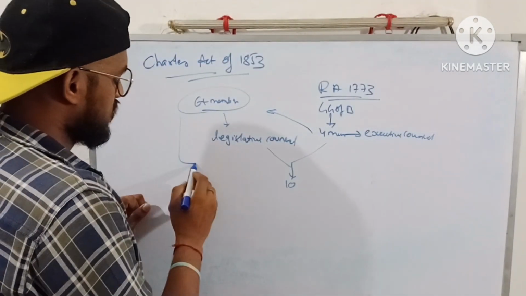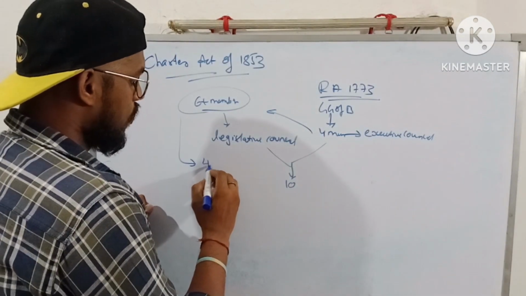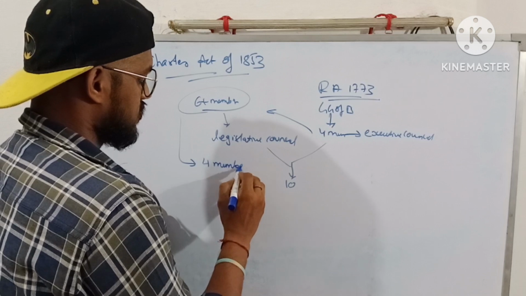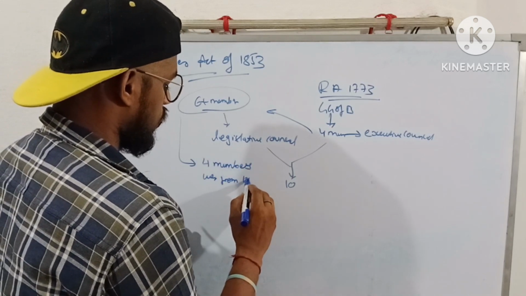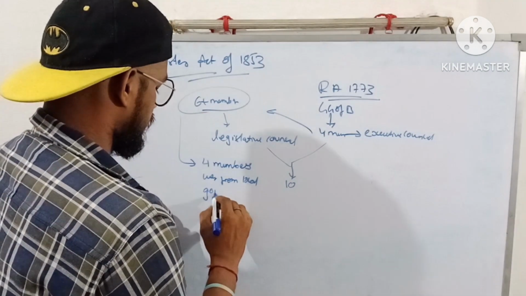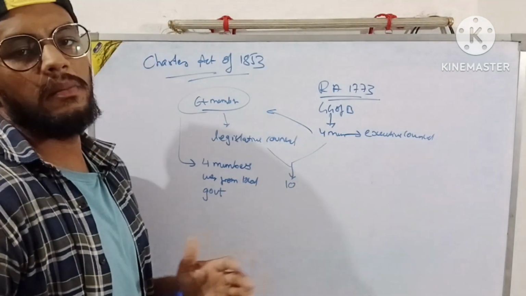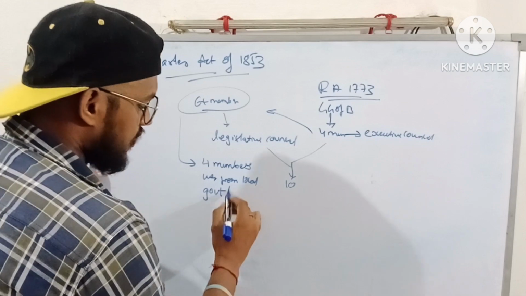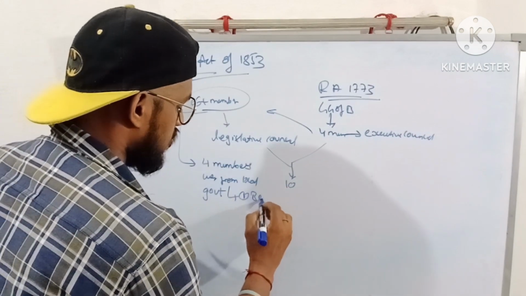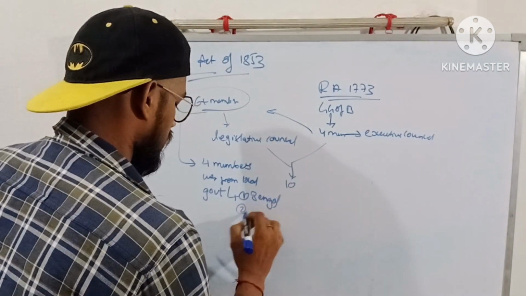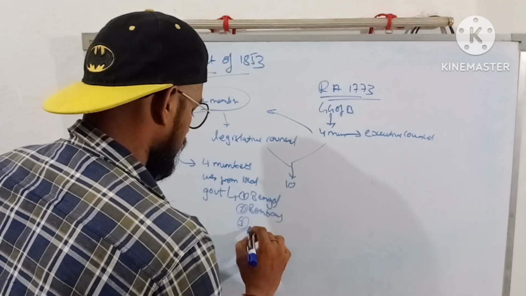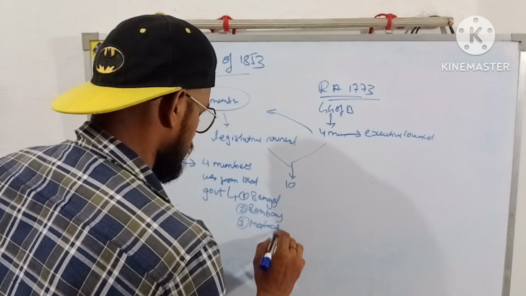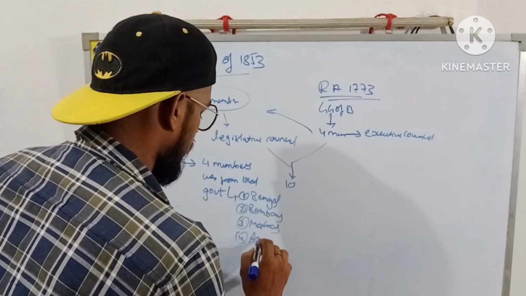Coming to the six members, among the six members, four members were from local government. These four members were from local government, that too from Bengal, Bombay, Madras, and Agra.